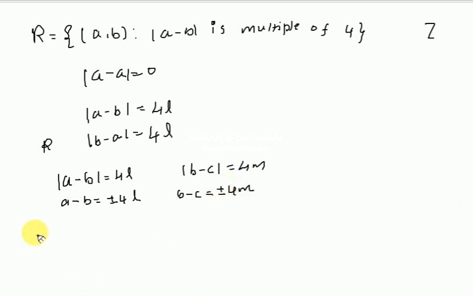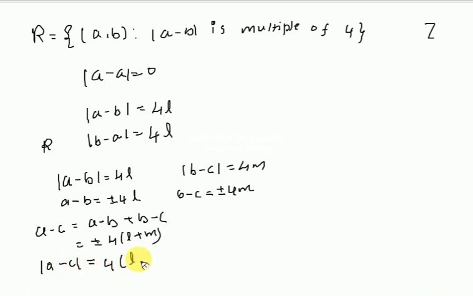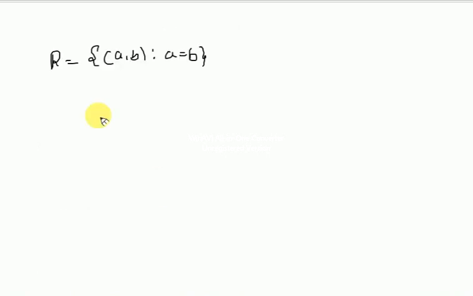Now, to prove a − c is a multiple of 4, we shall consider a − c as (a − b) + (b − c), which equals ±, I will take 4 outside, then it will be L + M. If you take the modulus, |a − c| = 4 times (L + M). Hence, the ordered pair (a, c) also belongs to R because it is a multiple of 4. Hence, it is transitive. Since it is reflexive, symmetric and transitive, it must be an equivalence relation.